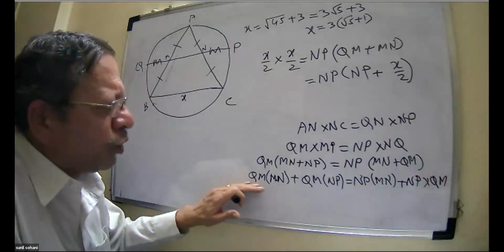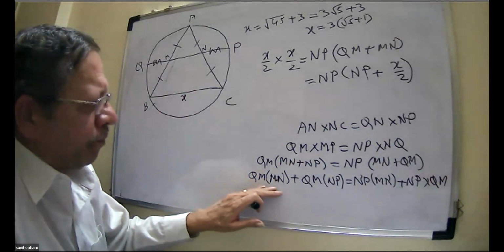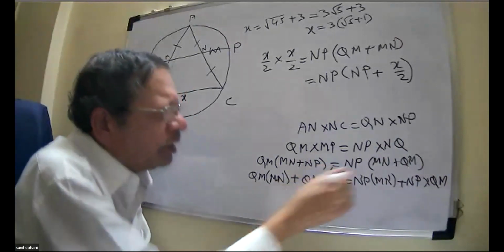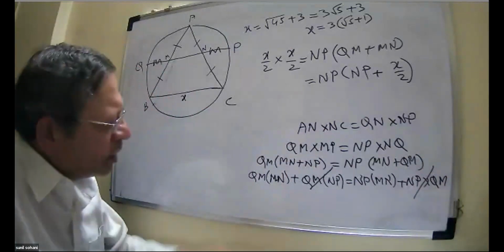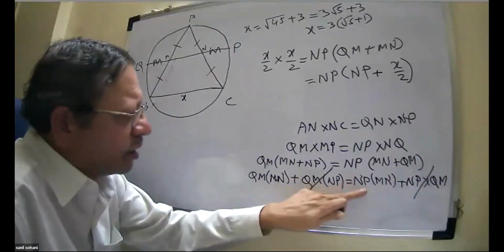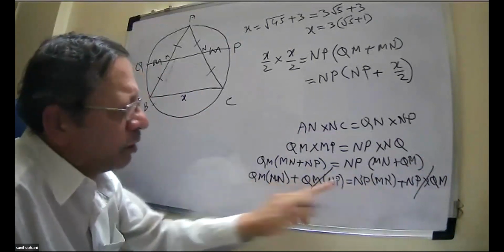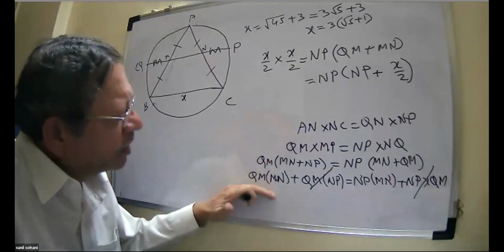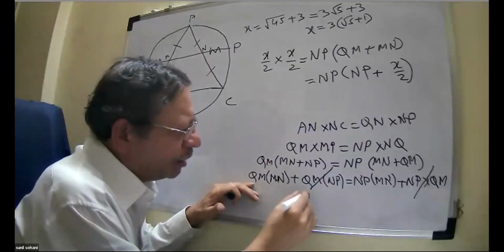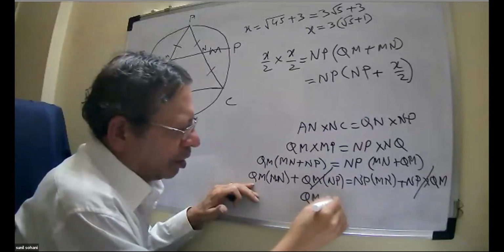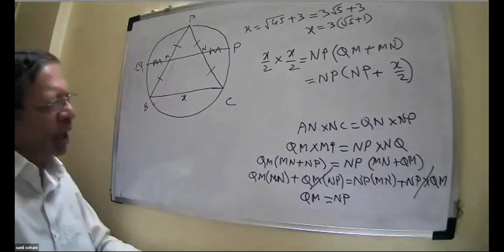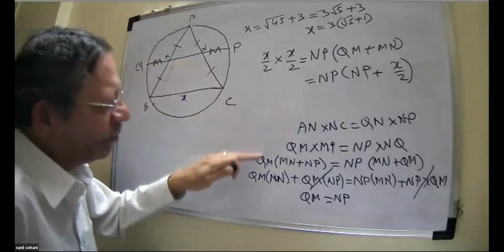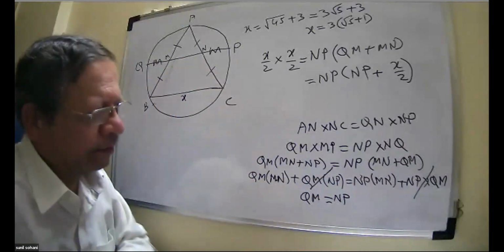So what we have: QM into MN, QM into NP. See this one, QM into NP is the same thing here. Now we are left with this equal to this, and MN is the same thing, that means QM equals NP. So by doing this, I have proved that QM is equal to NP, which I have replaced in our solution. I applied the same theorem again for the same line in a different way to prove that QM equals NP.